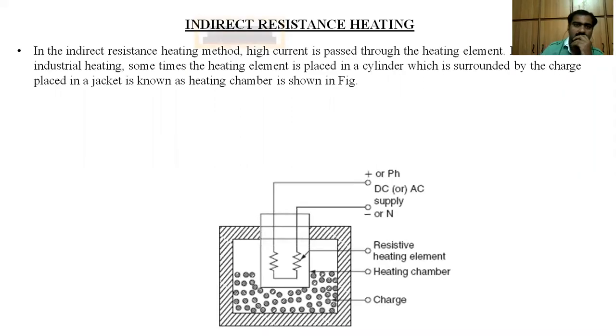Yes, this is indirect resistance heating. In indirect resistance heating, as we discussed yesterday, the substance you want to heat is in a charge. You do not place any electrodes directly into the charge. While passing electricity to the two electrodes, heat is produced in the heating chamber, and the heat is transferred from the heating chamber to the charge you want to heat.